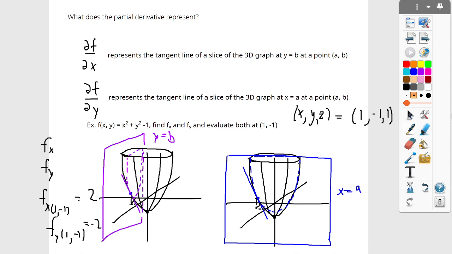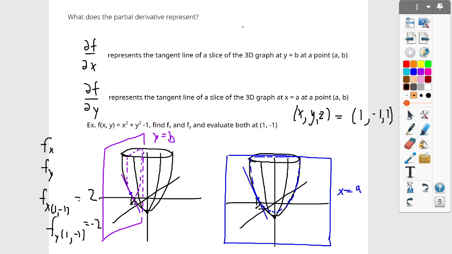Those two planes you can see, and you can see that as we move across the x right here, our f sub x is 2 at this point. So as we move across the x, the slope is up, right? The slope is up on the positive x plane.